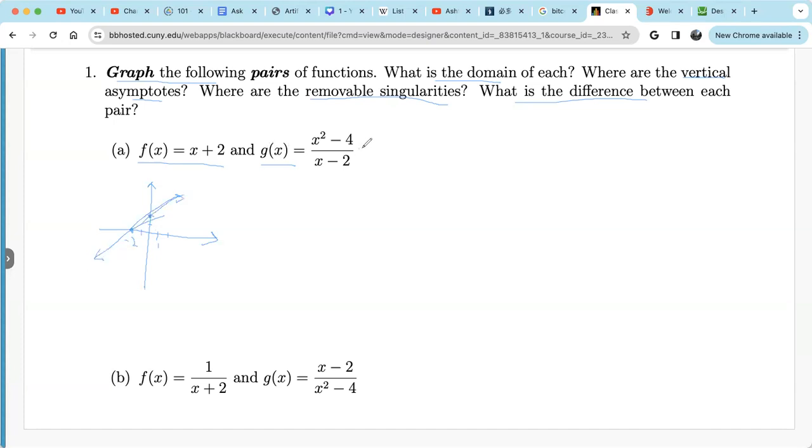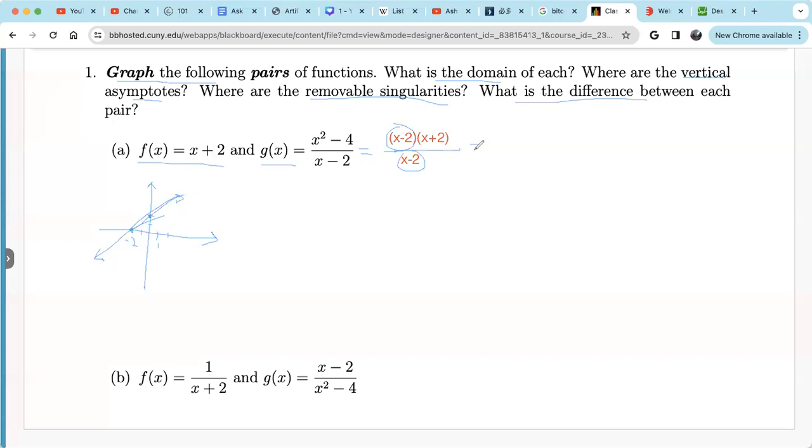So g, the numerator is a difference of 2 squares. So it can be factored as x minus 2 times x plus 2. Then the denominator is x minus 2. So in the numerator, we have a factor x minus 2. In the denominator, we also have a factor of x minus 2.